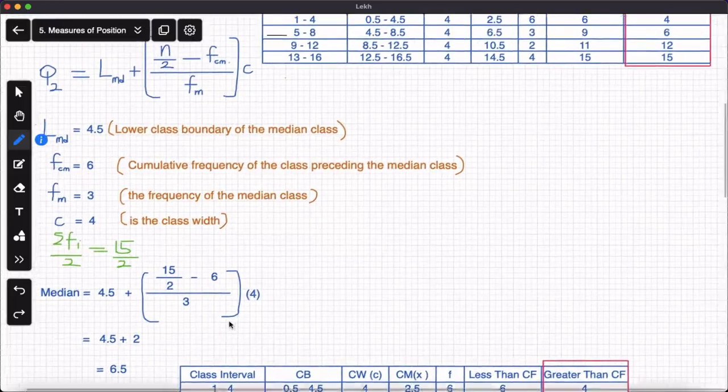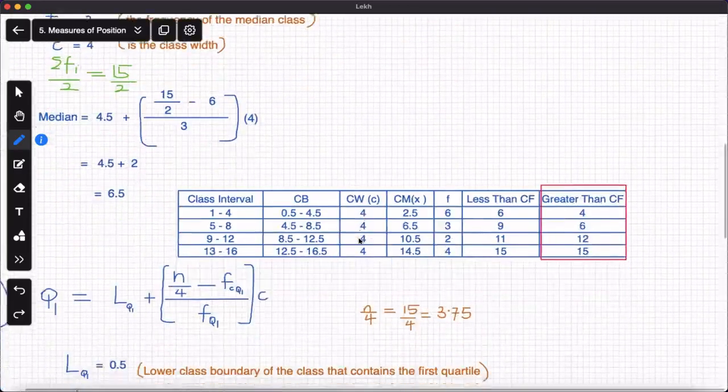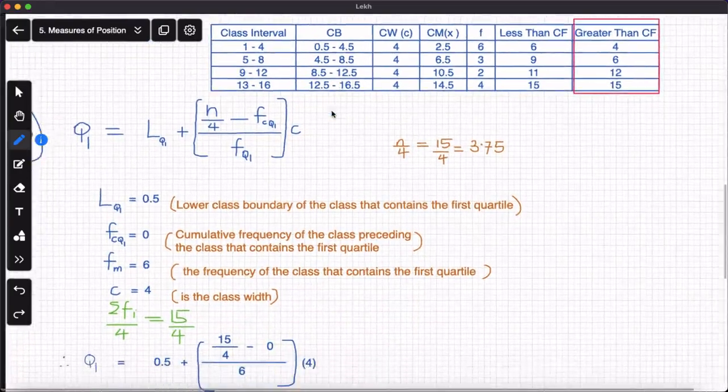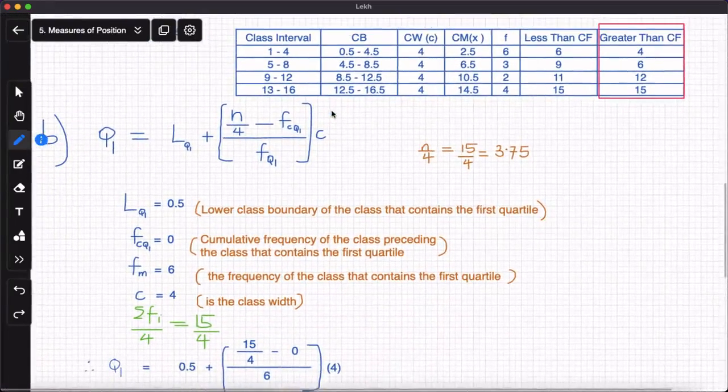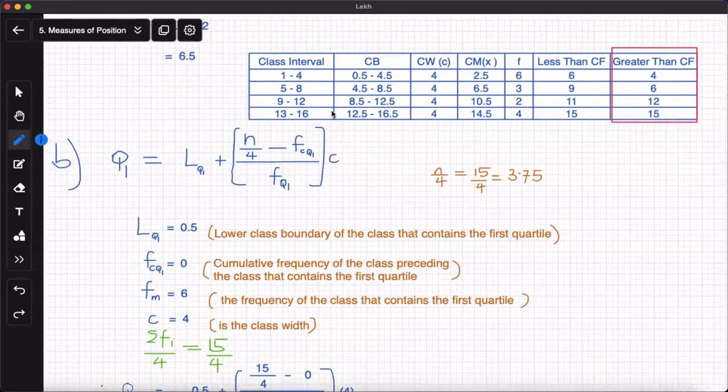All right. Now, looking at that formula, let's look at the formula for Q1. The same table I used before is what I brought here, so it will be easier for us to do the work.